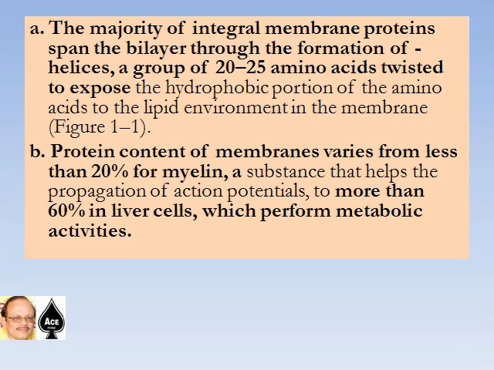Please see the figure. Protein content of the membrane varies from less than 20% for myelin, a substance that helps the propagation of action potential, to more than 60% in the liver cells, which perform metabolic activities.